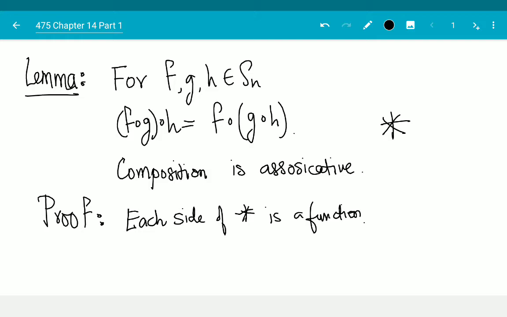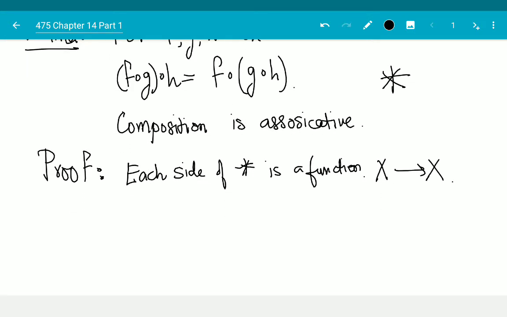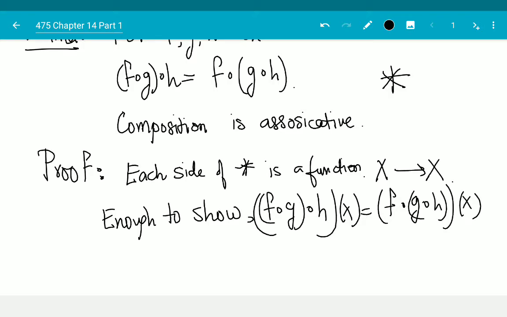And both of these are functions from X to X. So it is enough to show what happens to each small x. Okay, so enough to show that f o g o h of x is equal to f o g o h of x, with the grouping the other way, right?